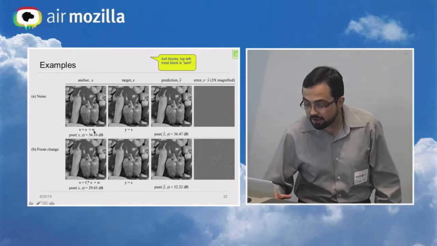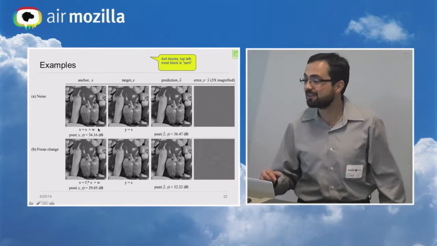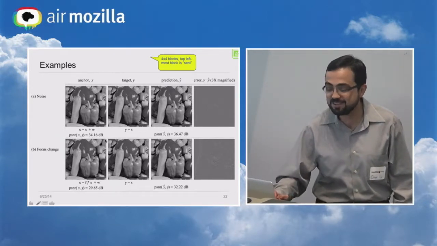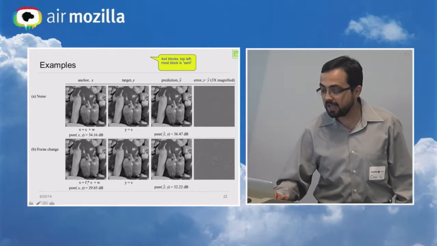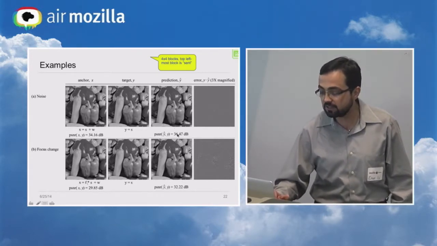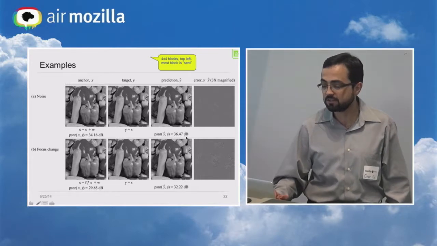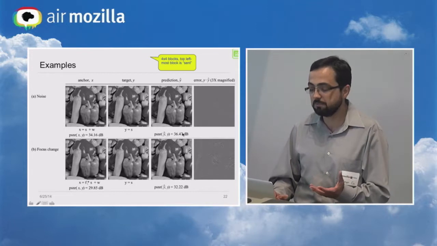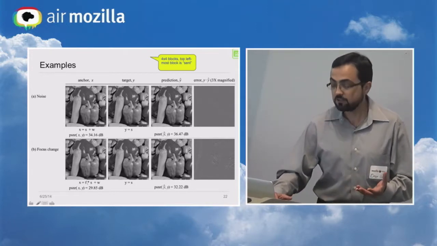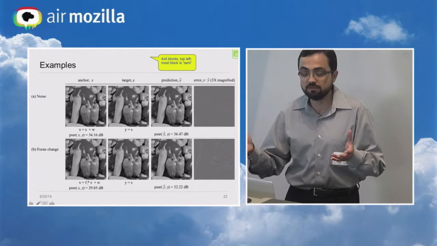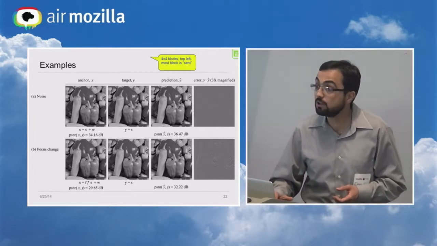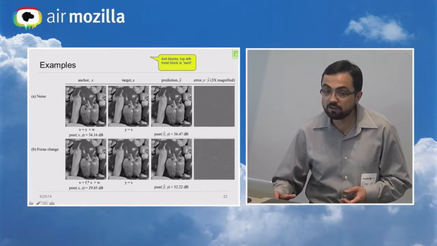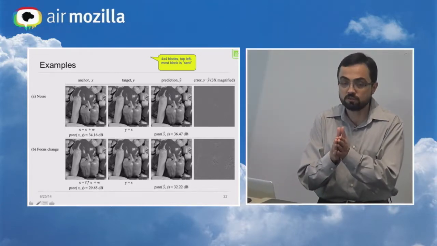If one wanted to calculate PSNR, the PSNR of the anchor would be 34.16 dB because of the noise. And the prediction that we construct is at 36.47 dB. So we were able to come up with a predicted frame that is 2 dB better than the original anchor frame. Imagine the way we integrate this into AVC: normally AVC will predict this picture using this picture, and it will have to encode the noise, so to speak.